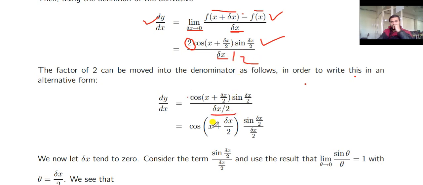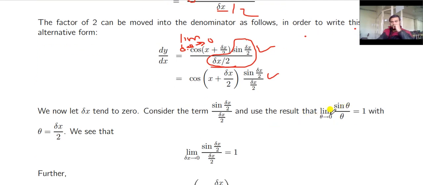The remaining thing we write in the numerator, so sin(del x by 2) and del x by 2 we write together. And here one thing is missing, that is limit del x tends to 0.